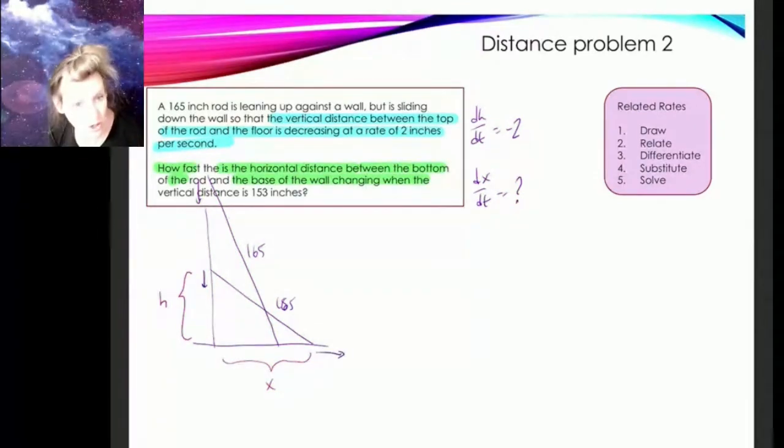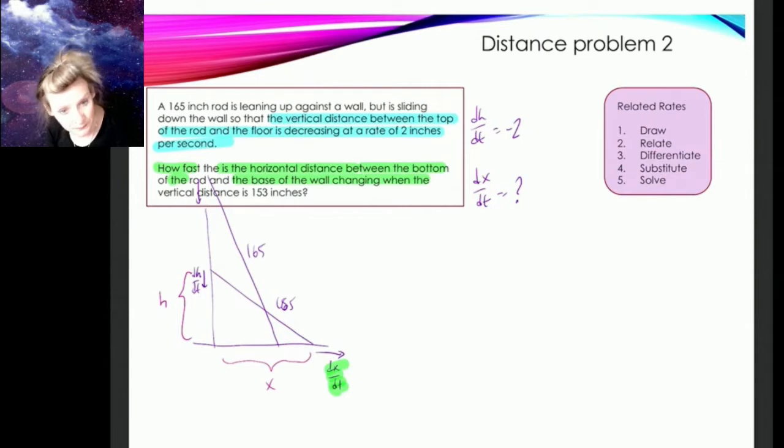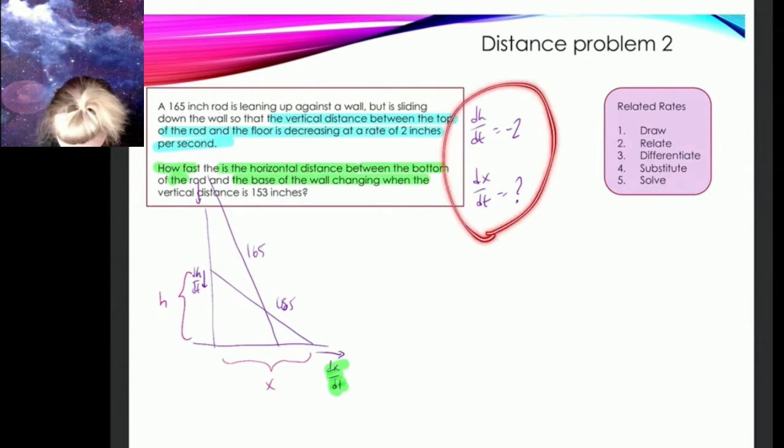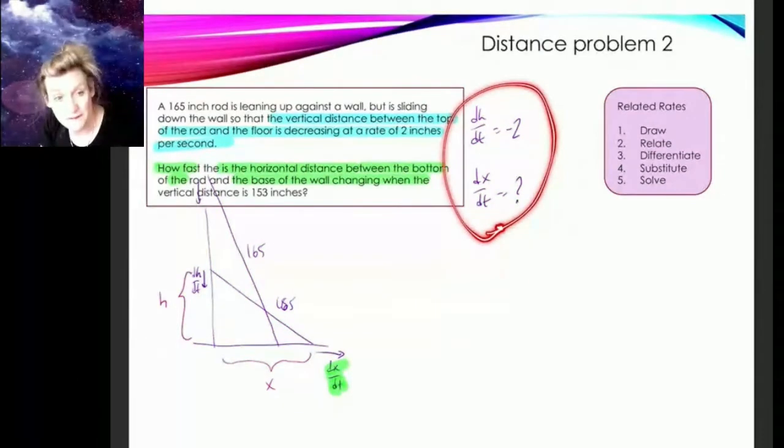And there's a motion arrow going in that direction, and it's dx/dt. And the motion arrow that I have unlabeled on the h-axis is dh/dt. And my unknown is that value there, dx/dt. From these two things, I see that my variables are going to be h and x.